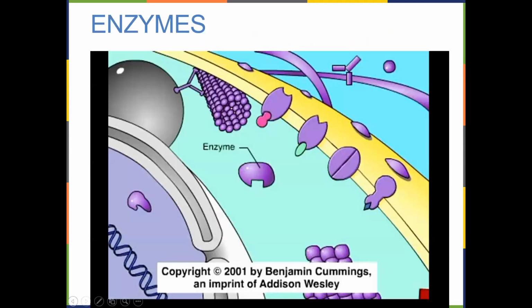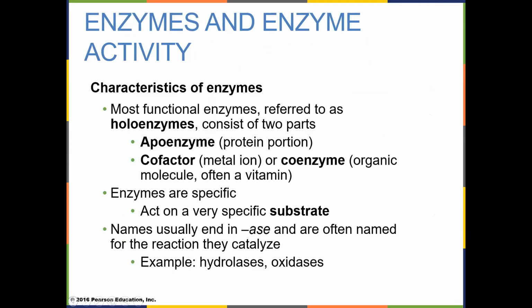Let me go back to it. So what about enzymes? Well, they usually have two parts. They have a protein part called the apoenzyme, and a second part that's either a cofactor or a coenzyme. If there's metal involved, it's a cofactor. If there is a vitamin involved, it's a coenzyme.